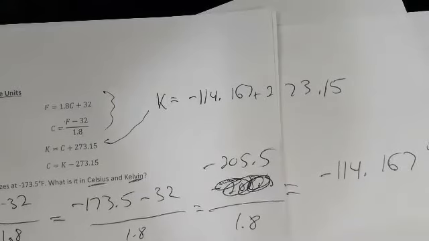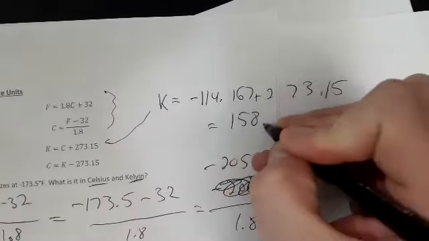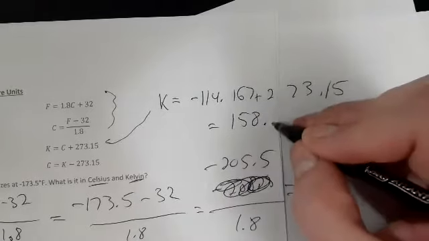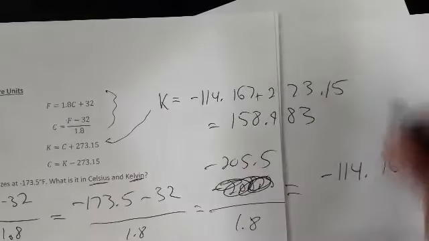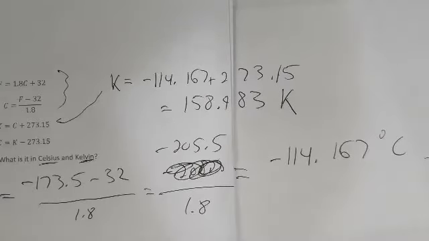And that should give you something like 158.983. That's what it is. 158.983. So these were the two things they asked for.